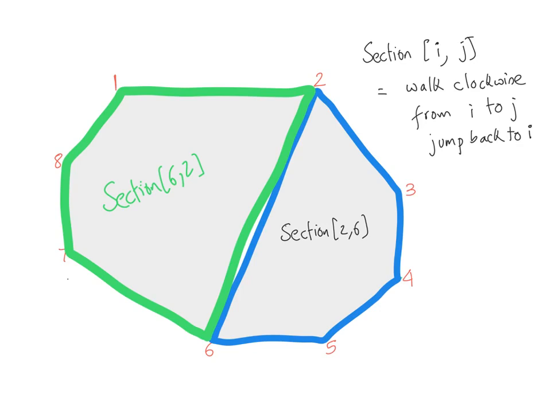One piece of notation which will be useful for us later is to call the edges that we traverse along the polygon the polygon edges, and the final jump back to the original vertex the jump edge. So in particular, this edge 6,2 is a jump edge in the section 2,6. So each section has precisely one jump edge.